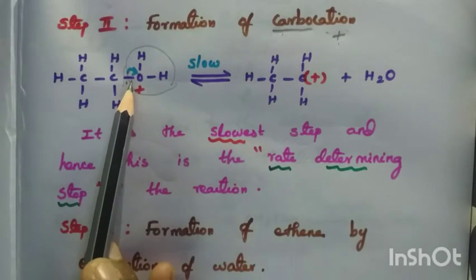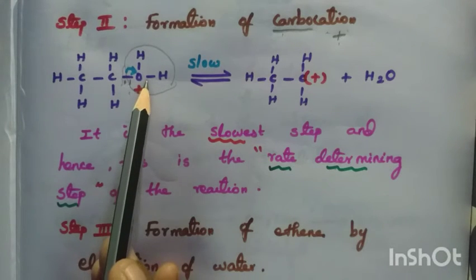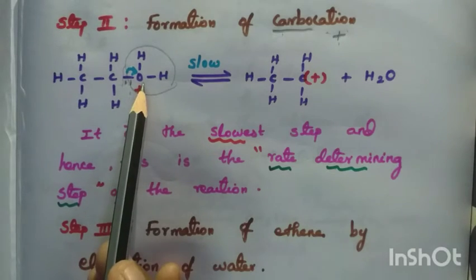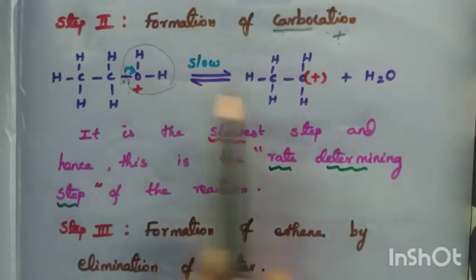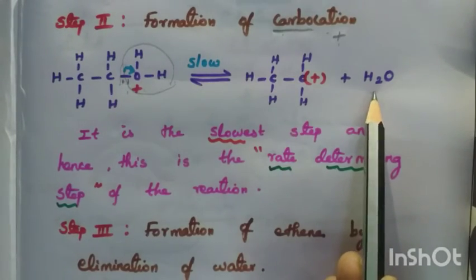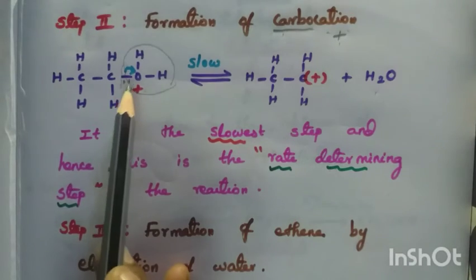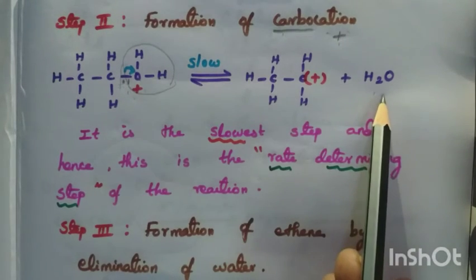One bond carries how many electrons? 2 electrons, no? The 2 electrons lost by oxygen are again captured. So these 2 electrons come to oxygen, which again gains the lone pair and loses this plus sign. It goes out as water. Now no need to put the plus since it gained the 2 electrons. So it is removed as water.